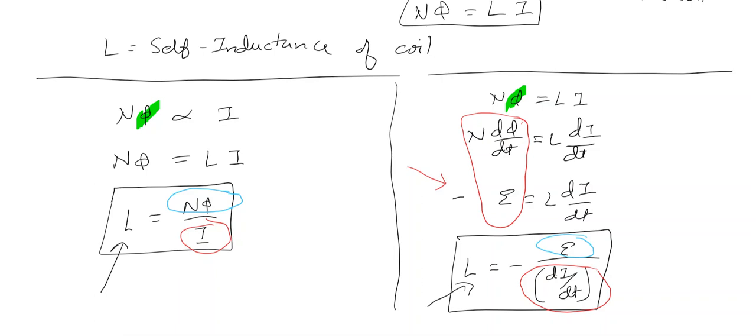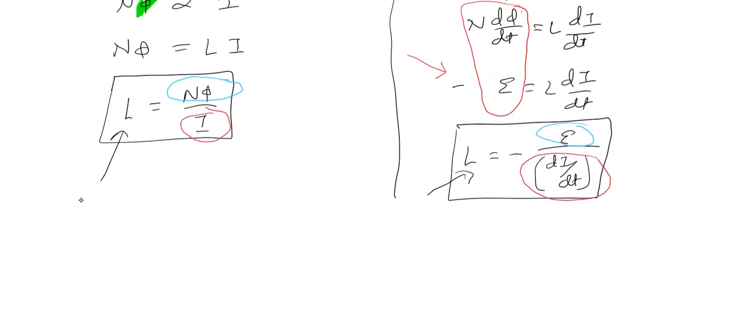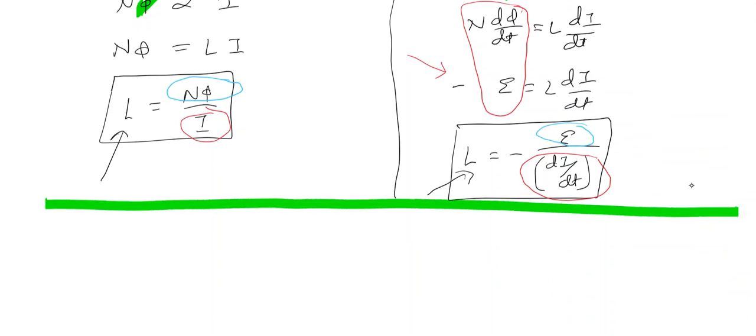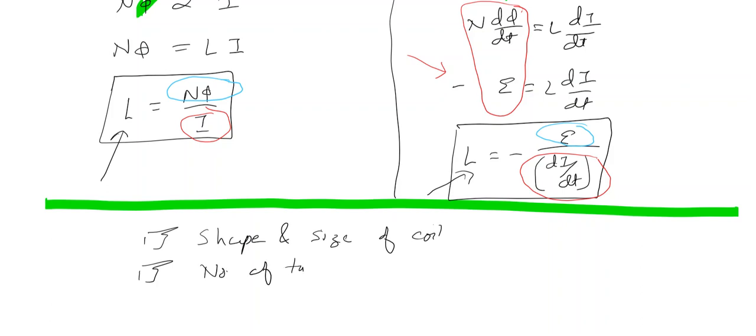Then the number of turns of the coil, and lastly, the medium inside the coil or inductor.